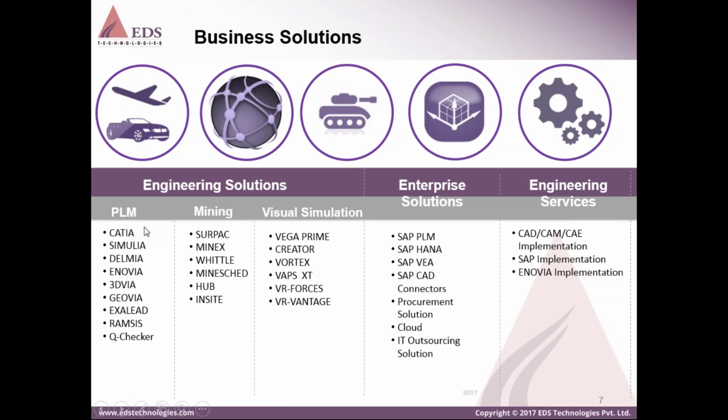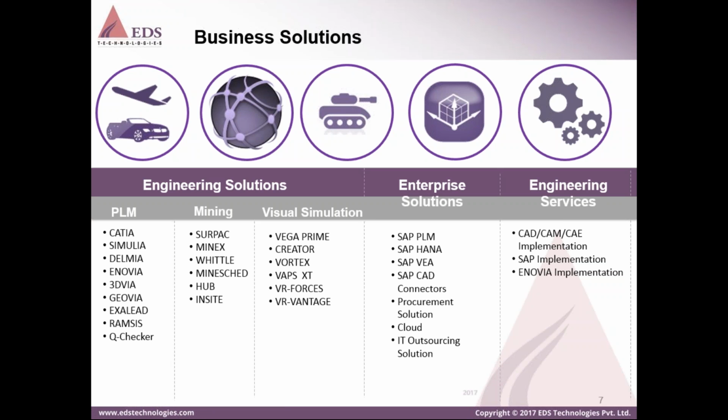As far as the PLM domain is concerned, for today's webinar we'll be concentrating on CATIA, especially the CATIA analysis capabilities. CATIA is the most widely used software for design across the world, and it is used by different domains as well.